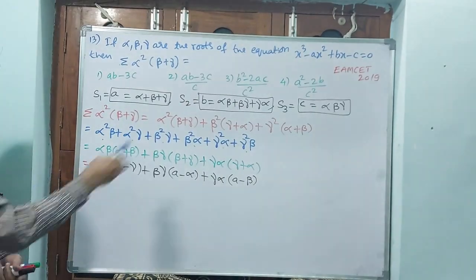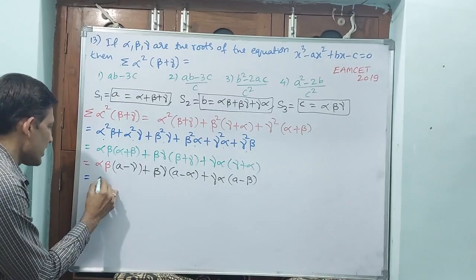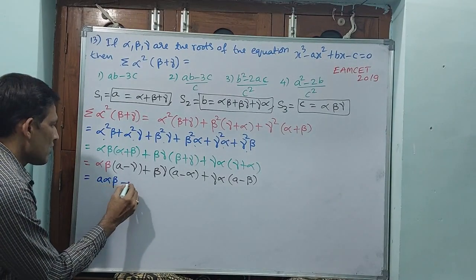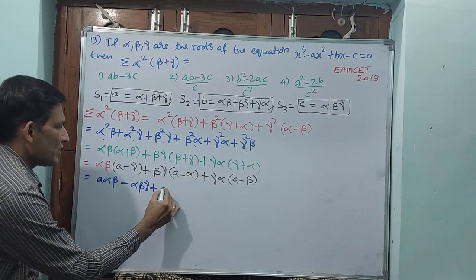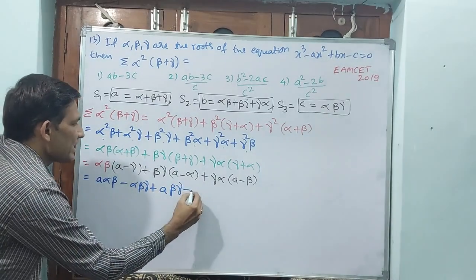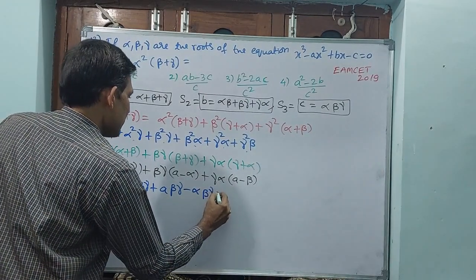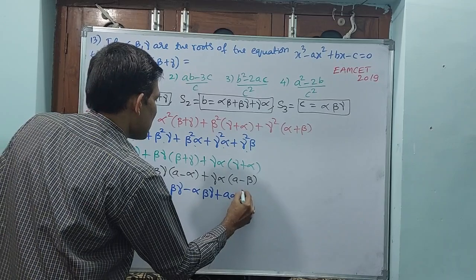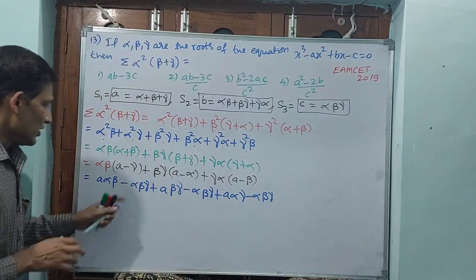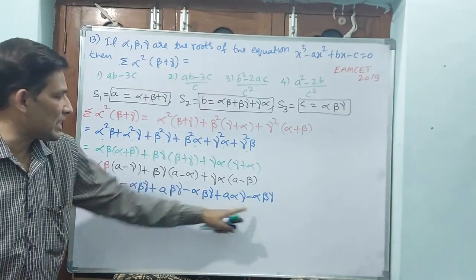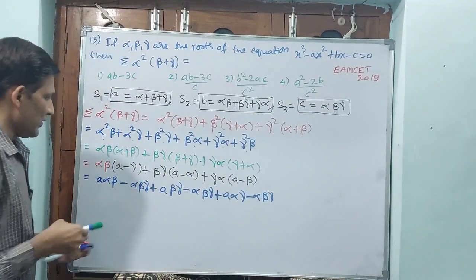Now again, if I send inside: alpha beta into A, alpha beta minus alpha beta gamma, plus A beta gamma minus alpha beta gamma, plus A alpha gamma minus alpha beta gamma. You see, alpha beta gamma has come 3 times, minus 3 times alpha beta gamma, minus 3c.